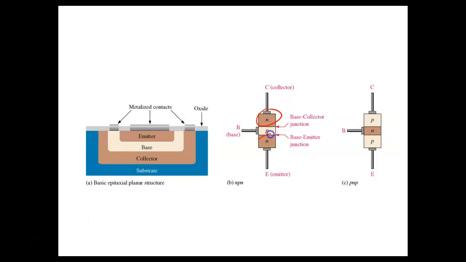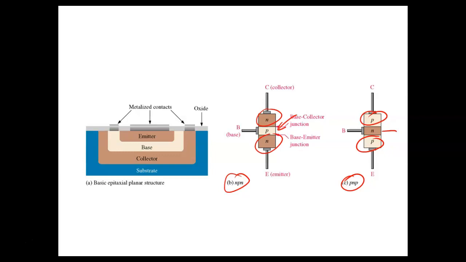We have an N and an N separated by a P. So this is an NPN transistor. Over here we have 2 P's separated by an N. So this is a PNP. We'll learn the basic difference between the 2. But like I said, we're going to spend the most time on the NPN because it's the most likely.